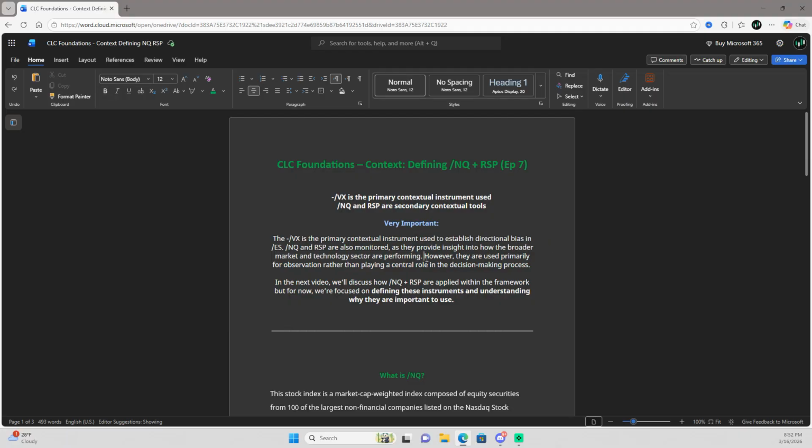So that's going to be very, very relevant for us as S&P 500 futures traders, more specifically CLC traders. However, they are used primarily for observation rather than playing a central role in the decision-making process. The central decision-making process is going to be VIX, contextually.